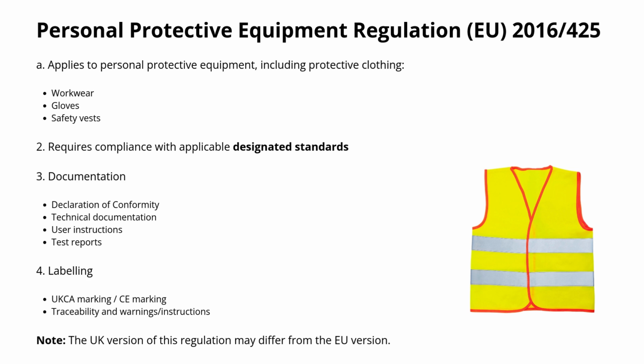The regulation also comes with certain labeling requirements. Either apply UKCA or CE marking, and traceability and warning and instructions. And as I mentioned, this is the UK version, so it's best that you go to legislation.gov.uk to find the requirements.